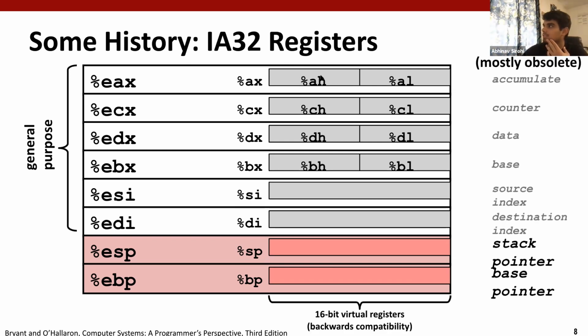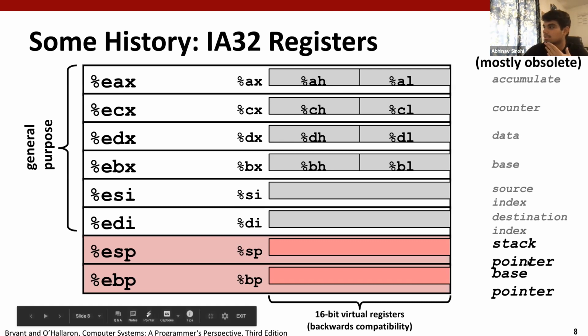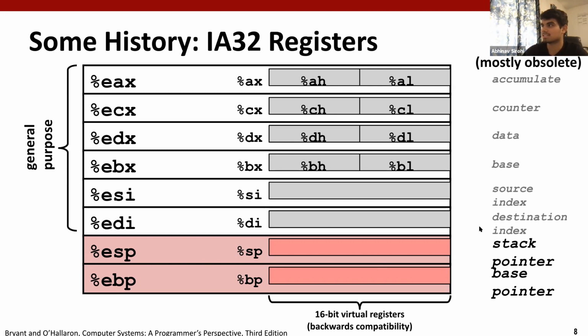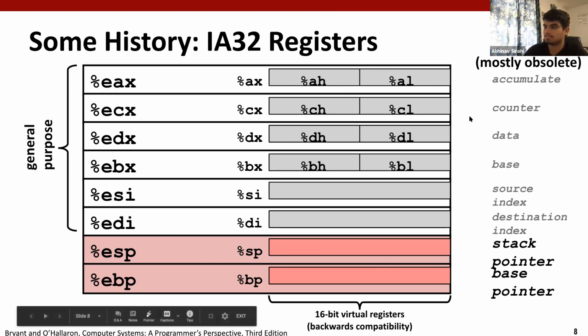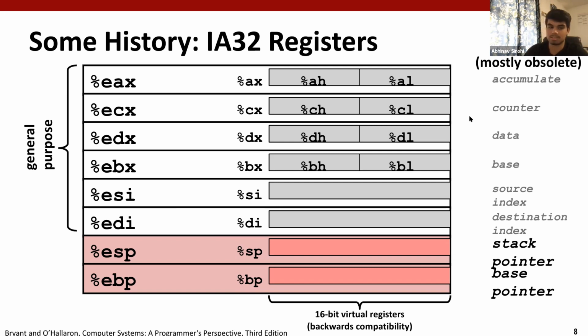This is where these names originated from, such as the name for EBP, which is base pointer, ESP, which is stack pointer, source index, destination index, all of this stuff. That's just some history of where the names came from.